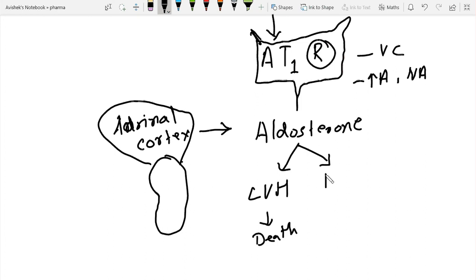How will it increase? By increasing sodium absorption in the kidney and losing of potassium. With sodium, salt, water goes behind sodium, so water will be increased, edema will be done, potassium decreases, and it will also decrease H plus ions. So this is the mechanism.